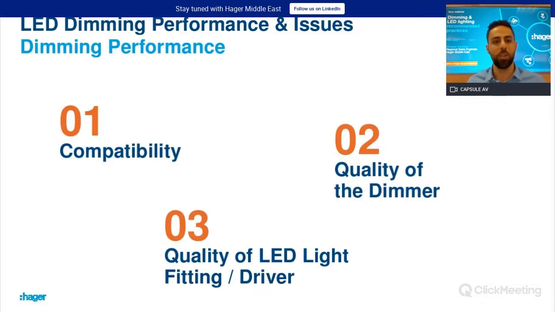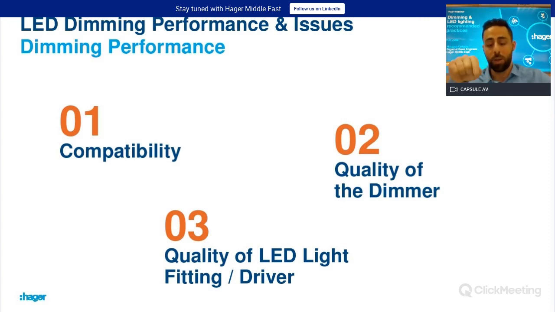Three points here. First, compatibility, very obvious. Second, the quality of the dimmer. Third, the quality of the LED light fitting and driver. Just to put this in percentages, whenever you have a performance issue, 10% is, of course, the professional, the designer or the system integrator, who needs to make sure the compatibility is good.